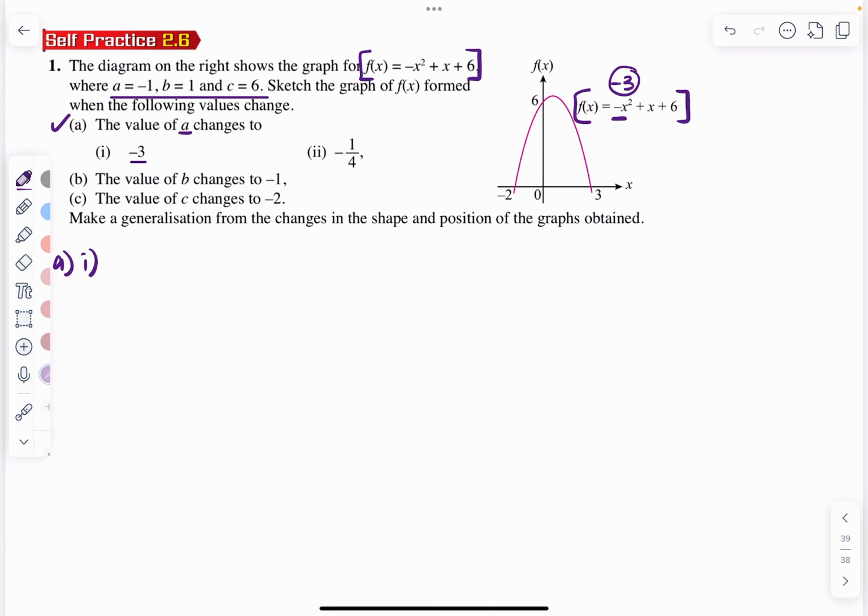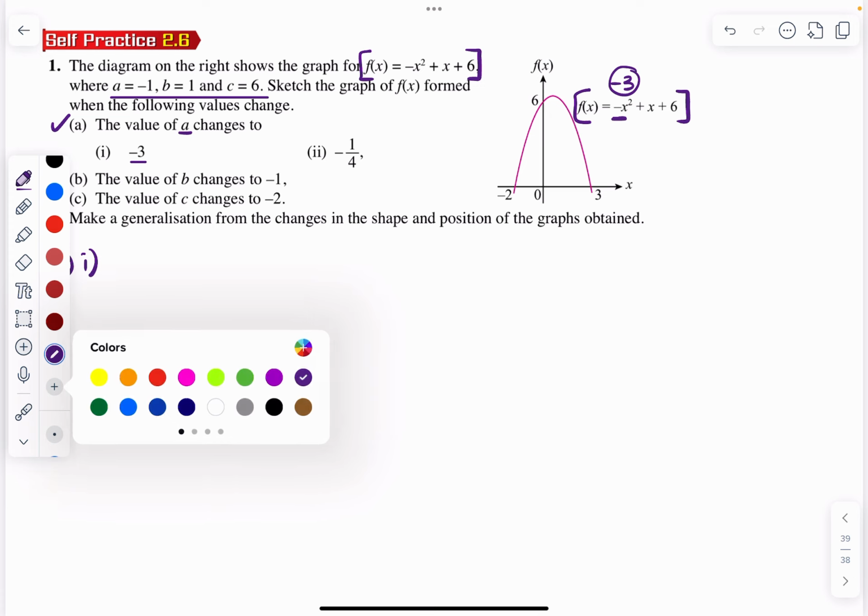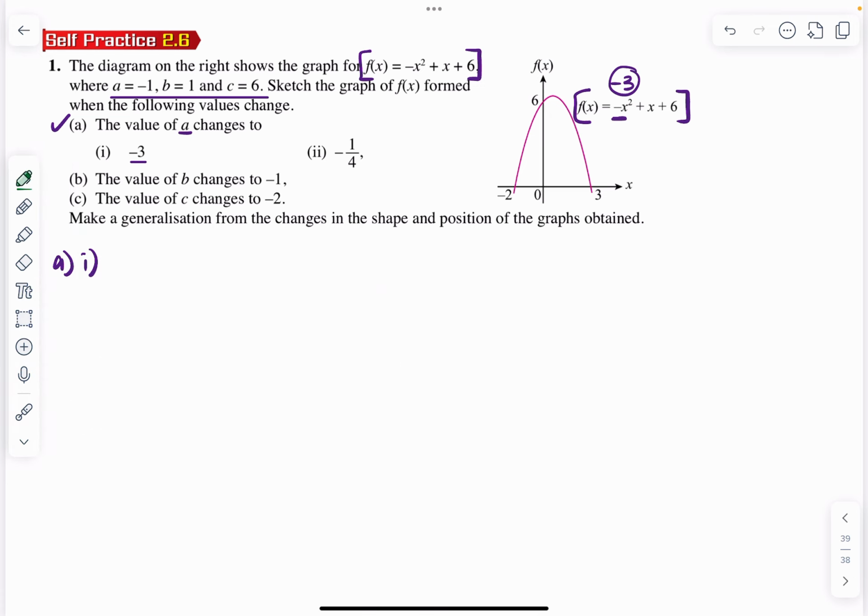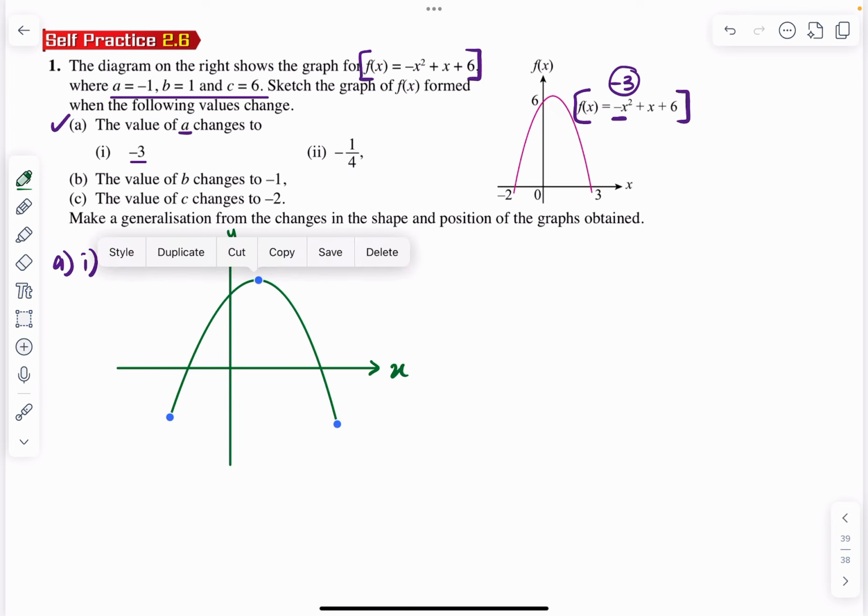So our original graph, use green color. This is y, this is x. Our original graph was like this. And our new graph, I draw it using dotted lines.